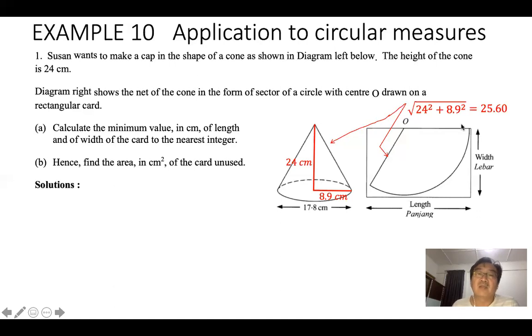Now we know it's 25.6. So what is the width? The width will be almost 25.6.